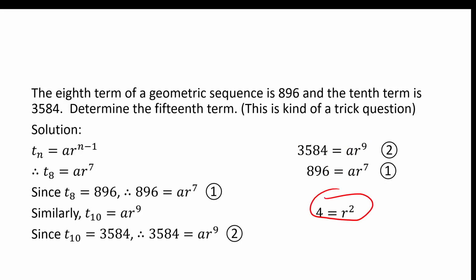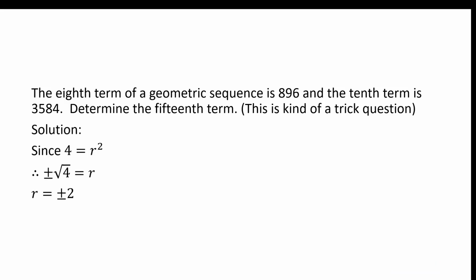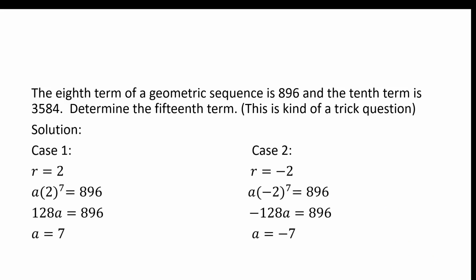A lot of times what happens here is students will right away say, okay, that means R is 2. But for all we know, R could be -2 as well. So we have to consider that. So 4 is equal to R squared, meaning plus or minus the square root of 4 equals R. So R is equal to plus or minus 2. That's why we're saying it's kind of a trick question.